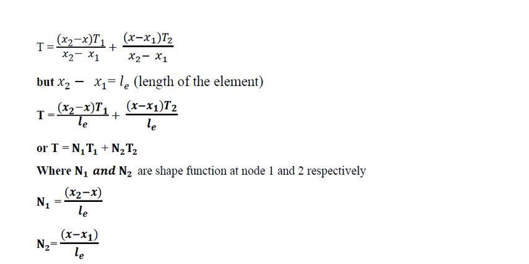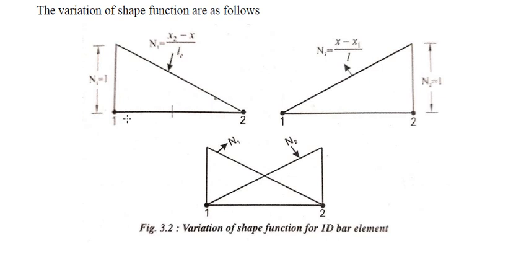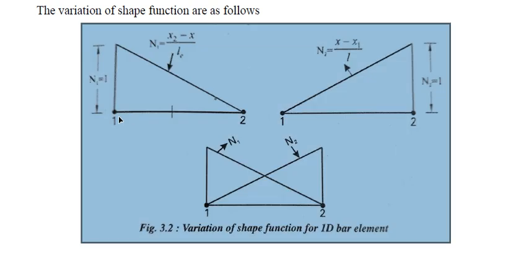After deriving the shape function, the variation of the shape function can be written as shown in this figure. We have taken one element here, similar to the bar element. It has node 1 and node 2. At node 1, the value of N1 is 1, and at node 2 it is 0.